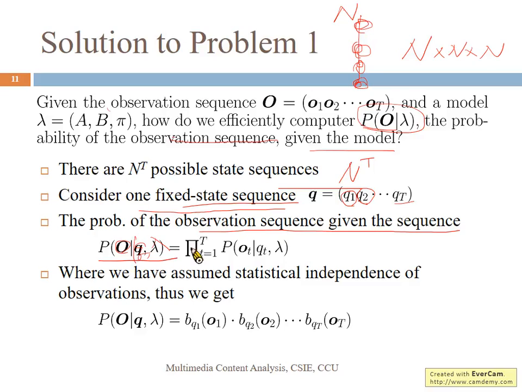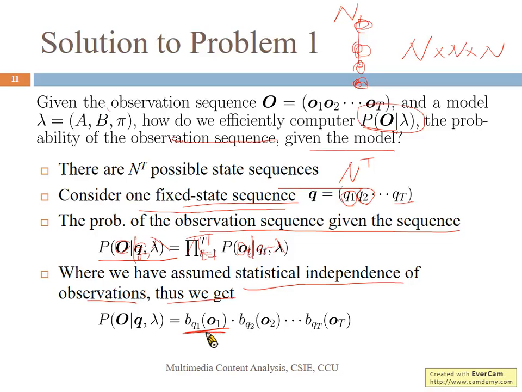This probability can be calculated by multiplying the probabilities P(ot given qt and lambda), from t equal to 1 to capital T. Here we have assumed statistical independence of observations. Therefore, P(O given Q and lambda) is equal to the multiplication of T observation probabilities.